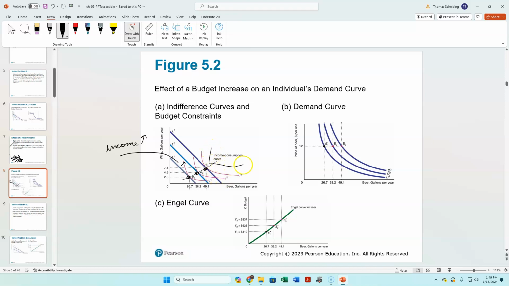It creates for us on this space what would be called an income consumption curve. But then if I change my y-axis from the other good to income, I've now got my Engel curve, which describes to me that for various levels of income for a household, what do people buy?